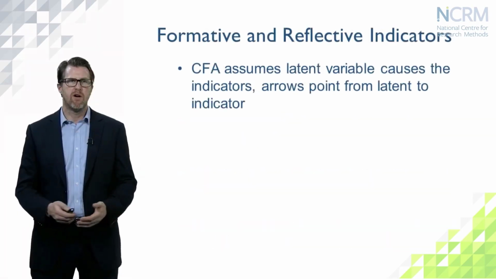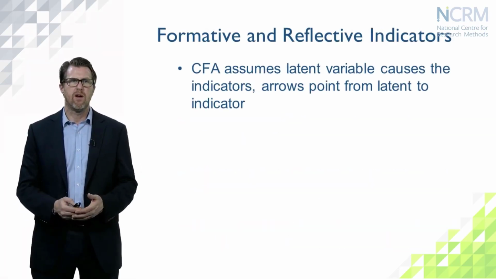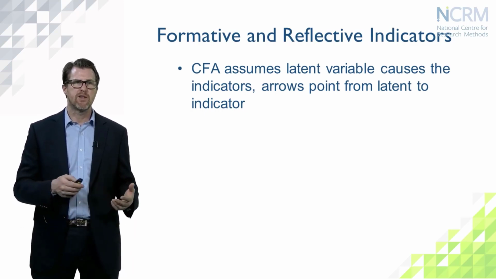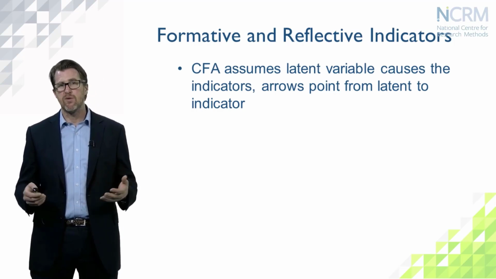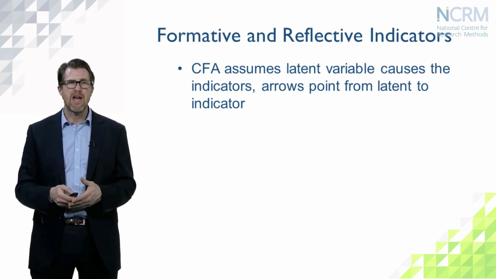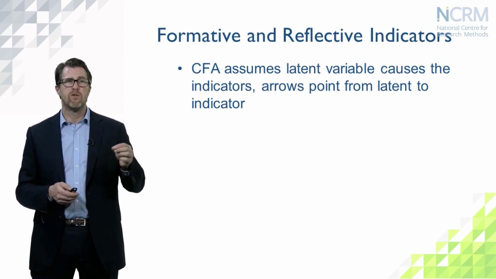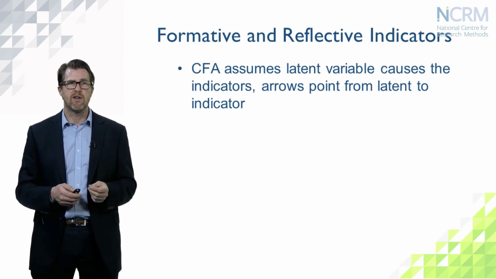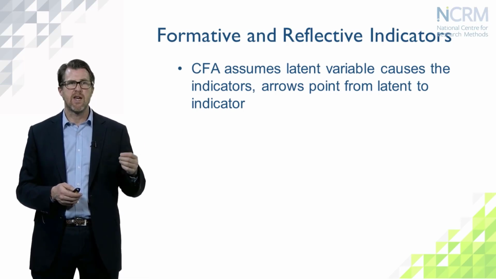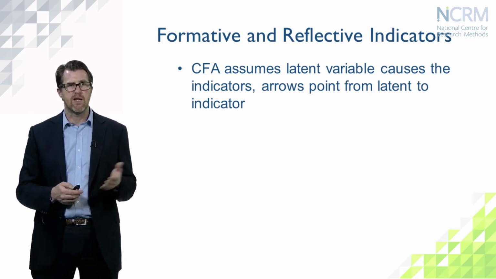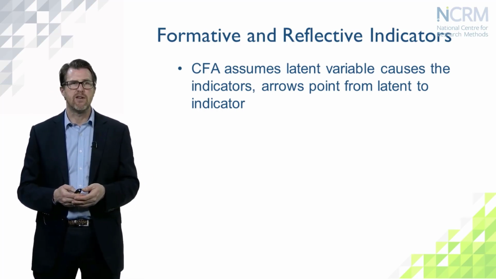When we've looked at path diagrams and thought about the relationship between concepts and indicators, between latent variables and observed variables, the arrow will be pointing from the latent variable to the observed indicator. So what this is saying in theoretical terms is that the latent variable causes the indicators. That's why the arrow points in that direction.